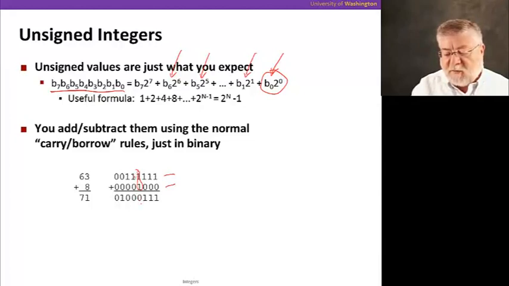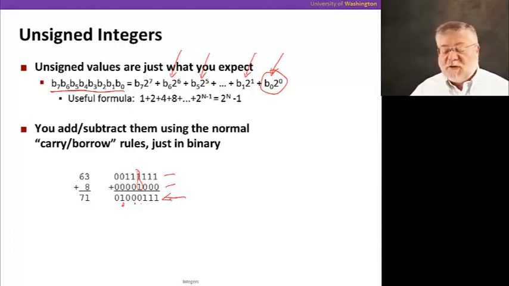So we now add 1, 0 plus the carry of 1 yields a 0 again, but a carry of 1. So we do 1 plus 0, again yields a 0 with a carry of 1. That ends up in this position. And this is the number 71, our result.